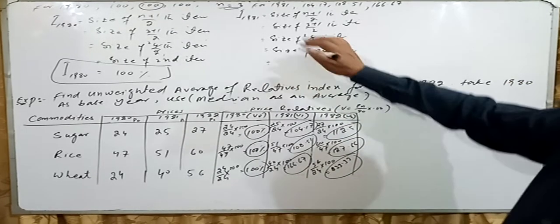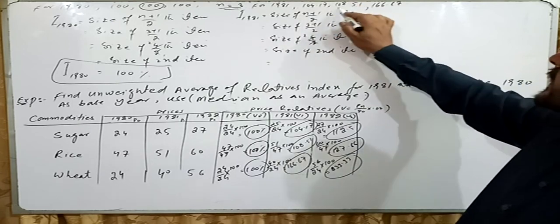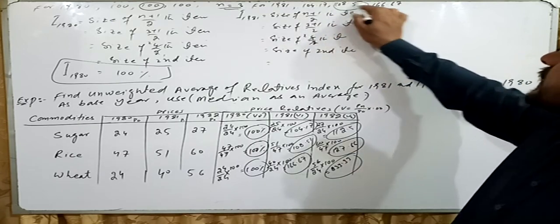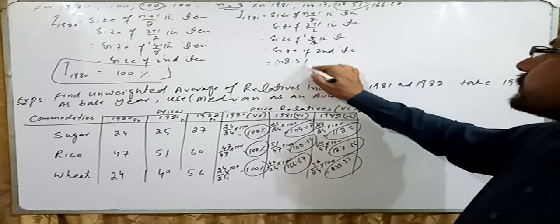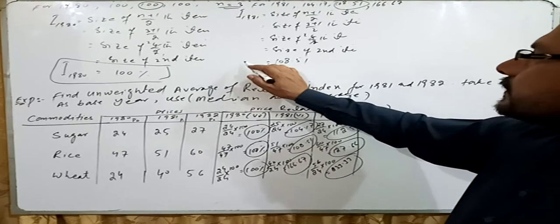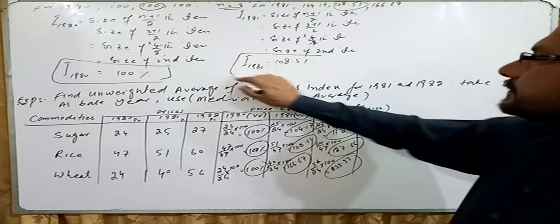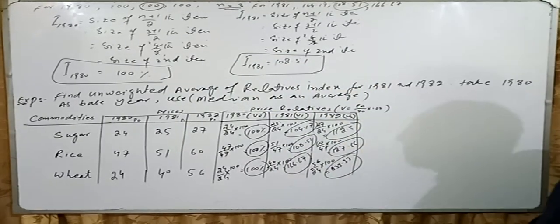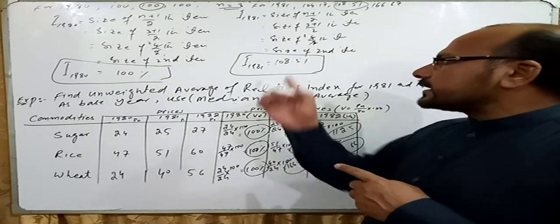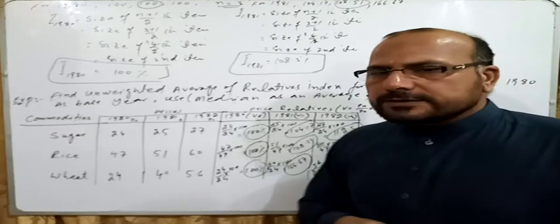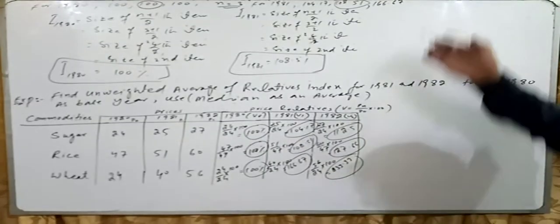Now you search for the size of the second item in these three. This is the second item, so it becomes 108.51. That is I 1981. It means the unweighted average of relatives index for 1981 is 108.51 by using median as an average.